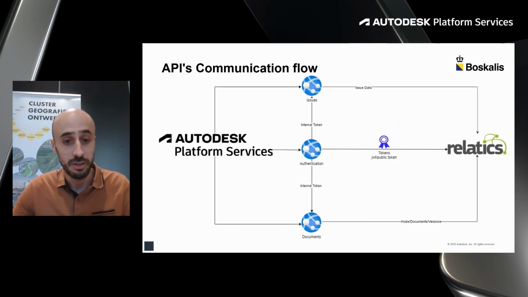This is our architectural plan. So we have our convenience APIs sitting in between APS and Relatics. And our APIs do all the communication with ACC or APS. And for this, we use, of course, the Autodesk tokens.